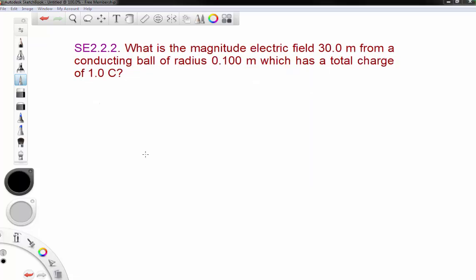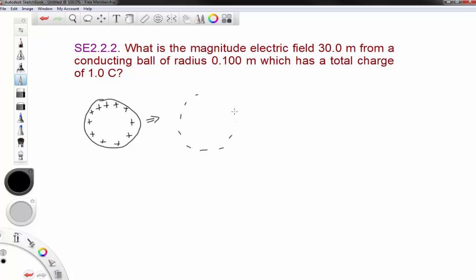For our next example, we want to know what is the magnitude of the electric field 30 meters from a conducting ball of radius 0.1 meter, which has a total charge of 1.0 coulomb. So here is our conducting ball, and there are charges in it. The charges, we will find out later, tend to be equally distributed in a shell around the surface.